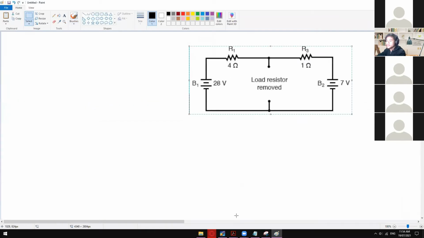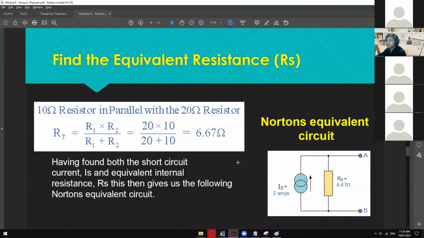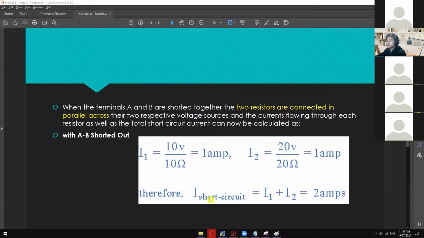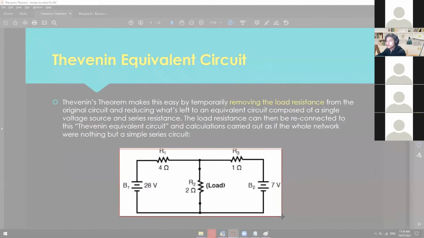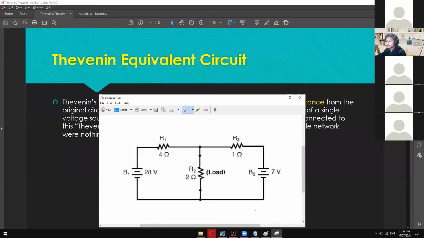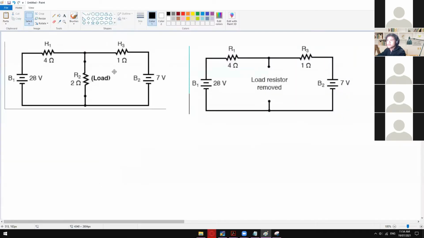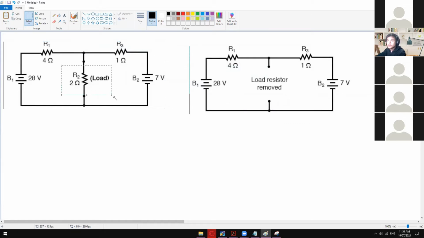So the original circuit was this one. And then of course the first step is to remove the R load. Then after that, we will arrive with this kind of circuit. So we now have an open RL right here.